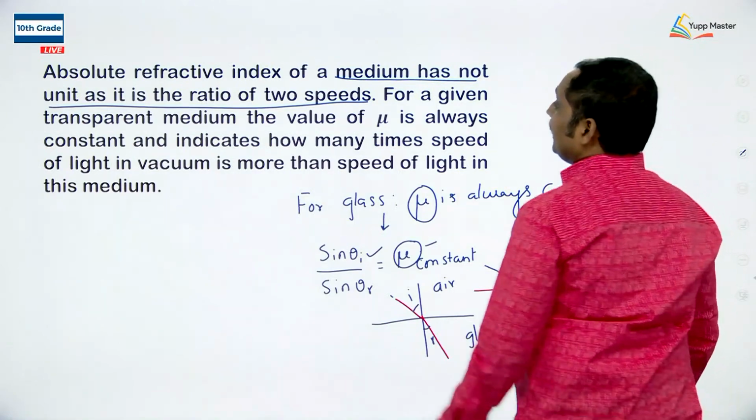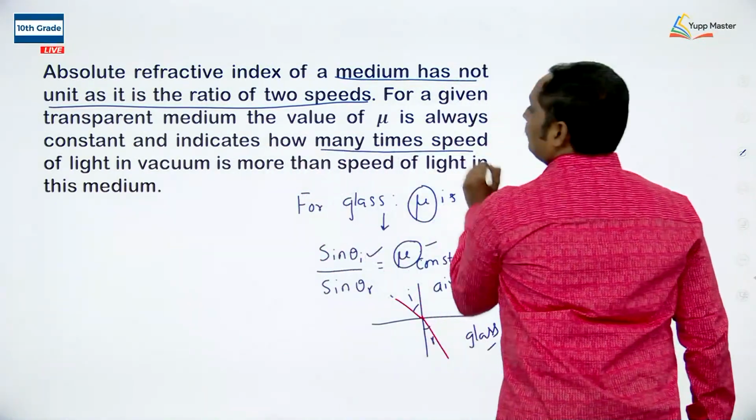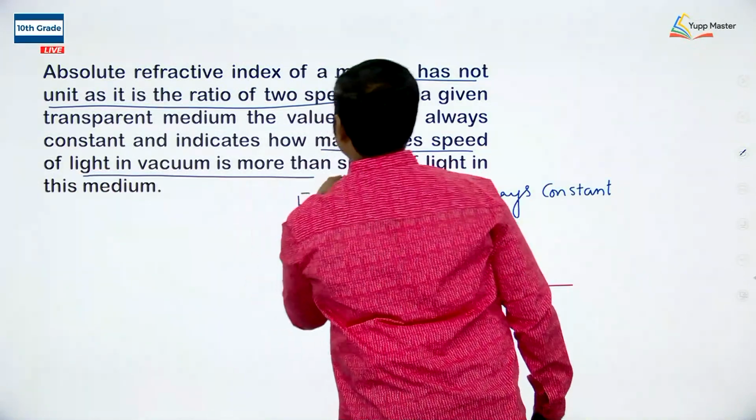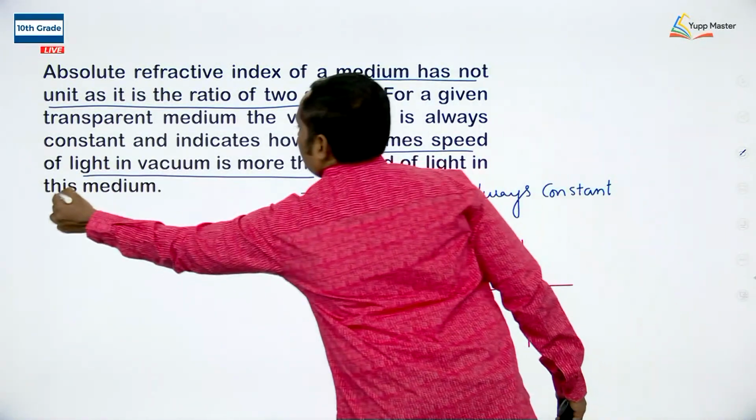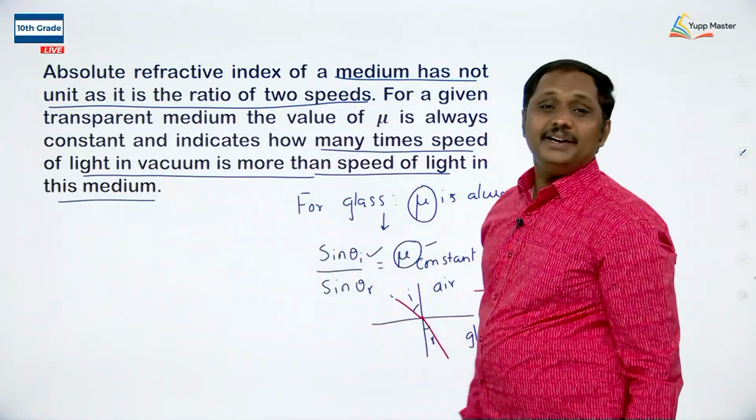Now, how many times is the speed of light more than the speed of light in a medium?